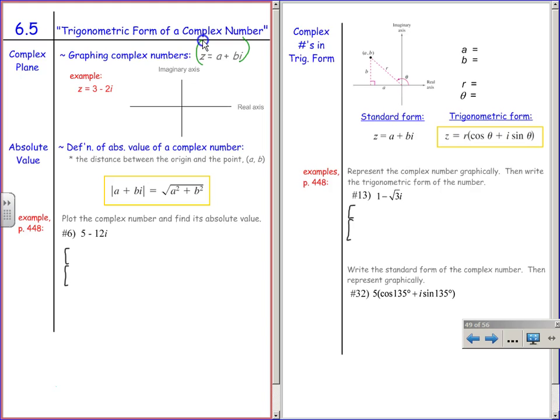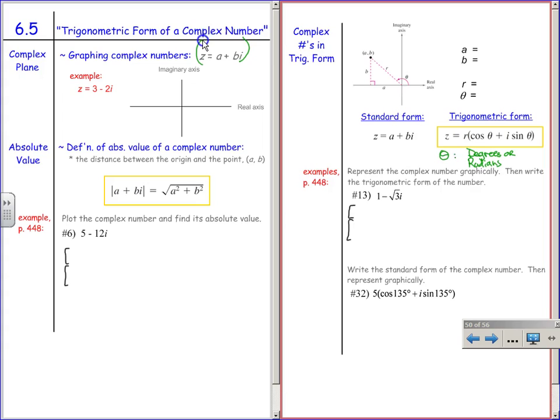There's not just a standard form, there's also a trig form. And right here, these thetas, maybe this is where we can take our note. These thetas can be in degrees or radians. It's the only spot in the entire chapter, the only types of problems in the entire chapter where theta can be degrees or radians. So something for you to keep track of when you're doing the review, when you're doing homework.